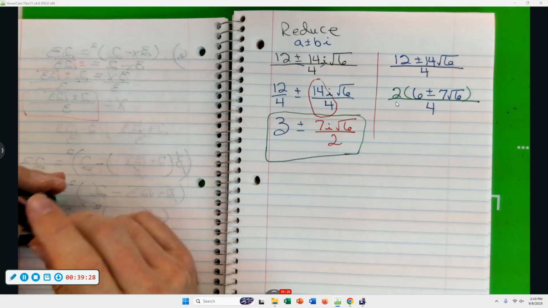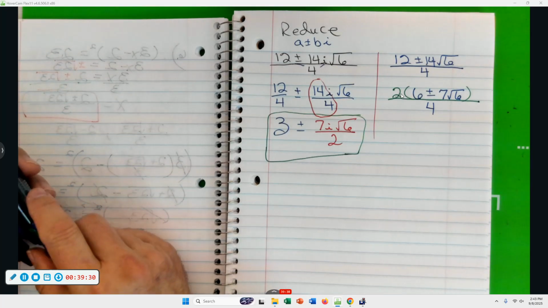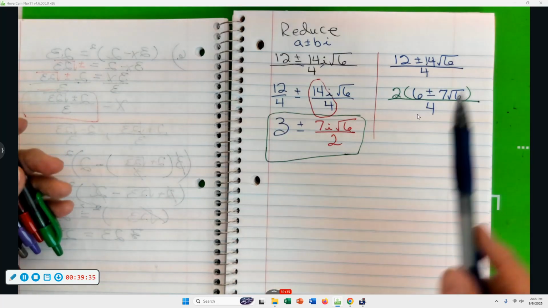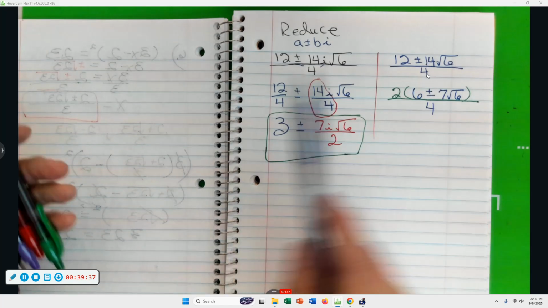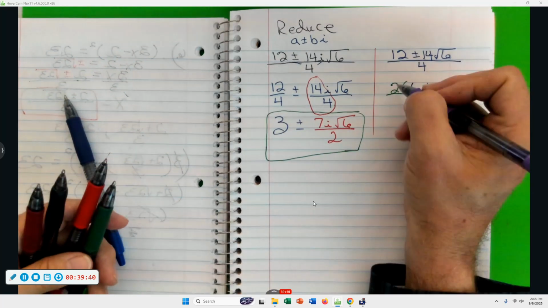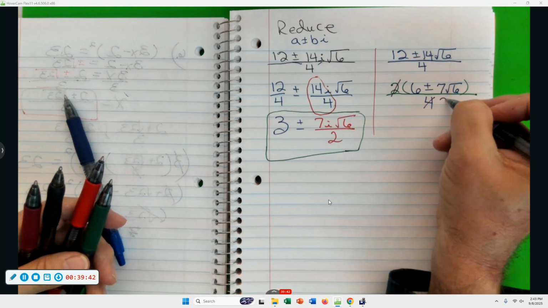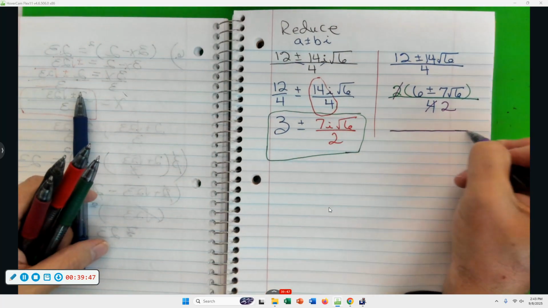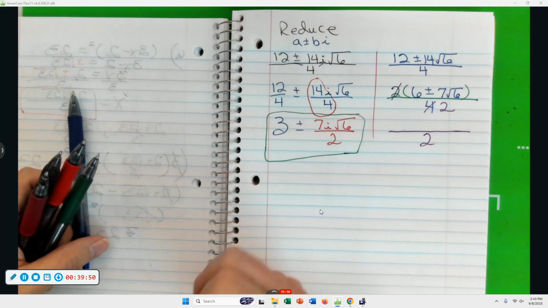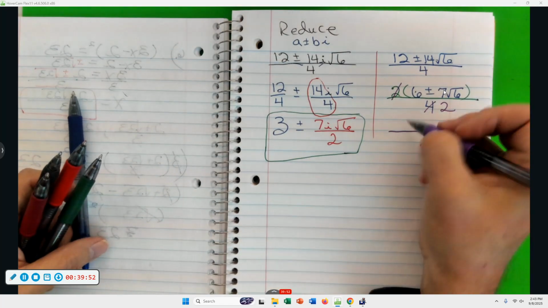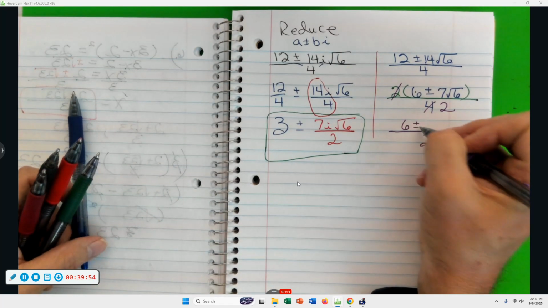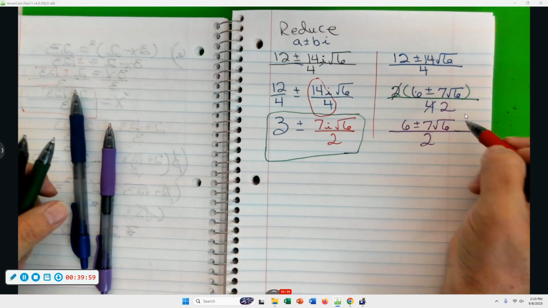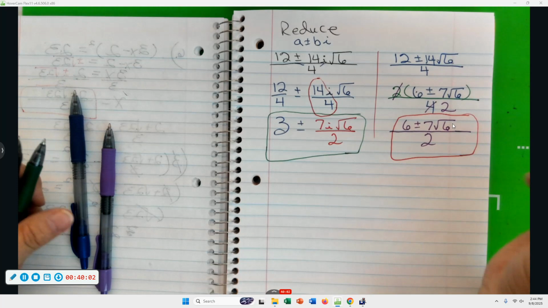If you don't have an I on top, you're not going to split up and cancel the way we do with an I. You factor out a common factor, and then 2 goes into 4 2 times. So your answer is going to be a single fraction. 2 is on the bottom. All that other stuff is on top. 6 plus or minus 7 square roots of 6. And that's going to be important.